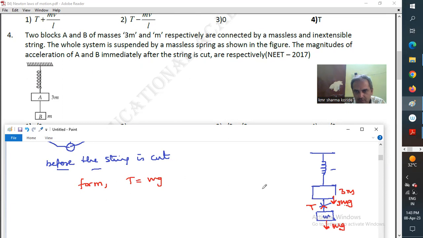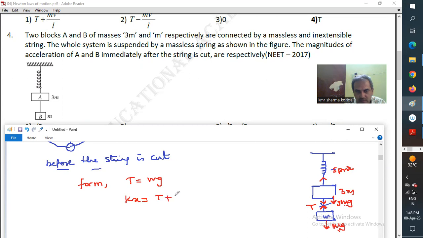Whereas when you talk about the forces acting on 3m before the string is cut, tension acts in the direction opposite to mg. So this 3mg and the tension together are equal to the strength of the spring. So what is the force? Spring force is equal to kx.